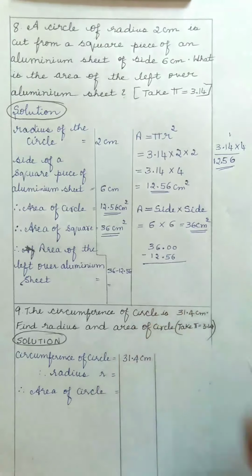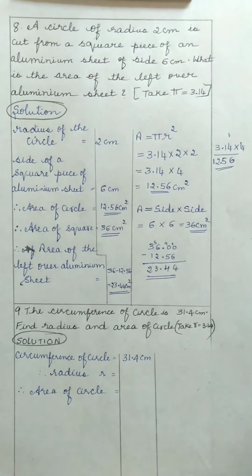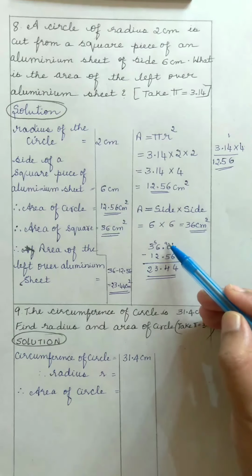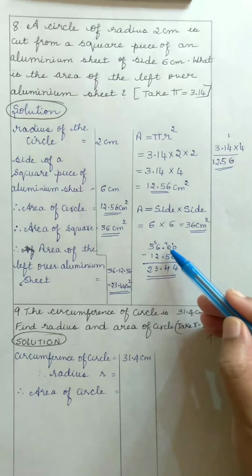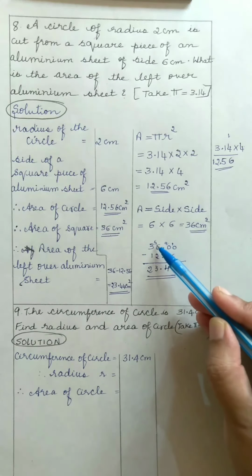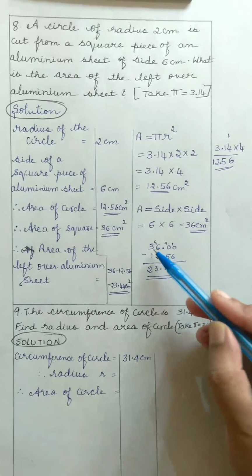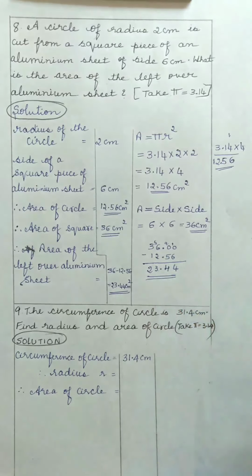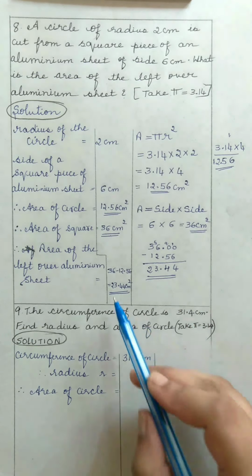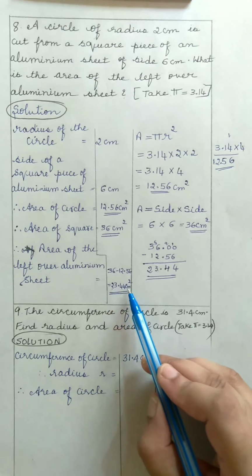Then, children, 10 minus 6 is 4. Here it is 9. 9 minus 5 is 4. On borrowing, it will be 5. 5 minus 2 is 3. 3 minus 1 is 2. Therefore, the area of the leftover aluminium sheet will be equal to 23.44 centimeter square.